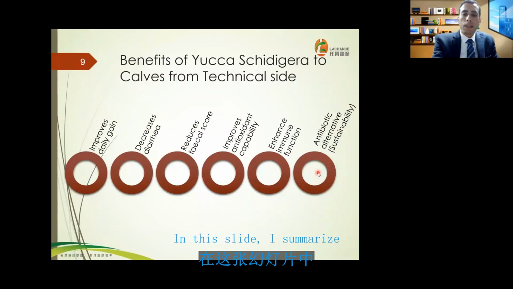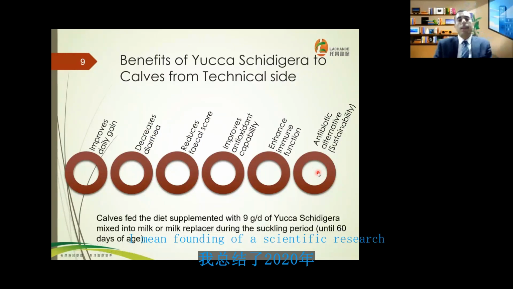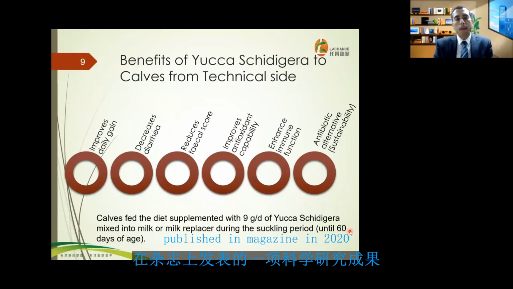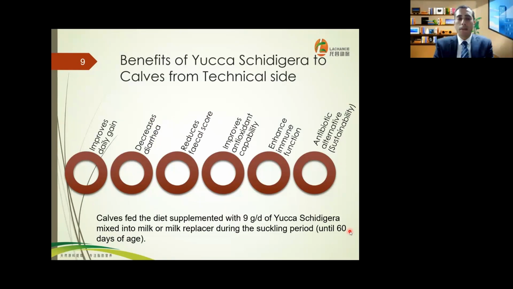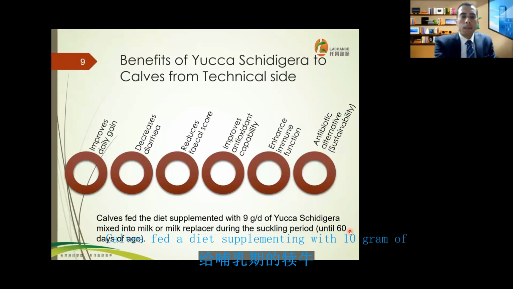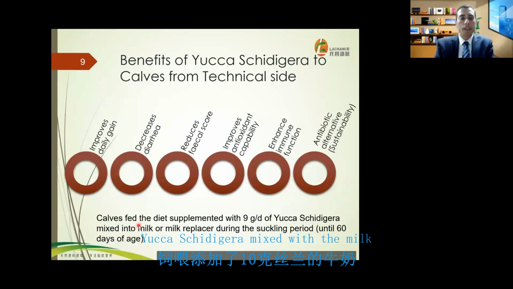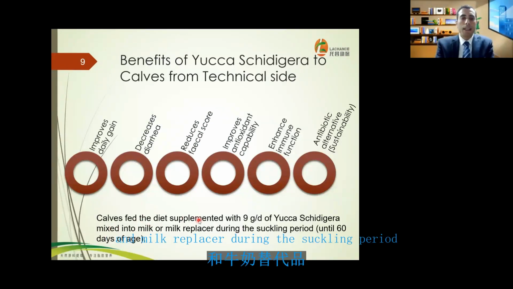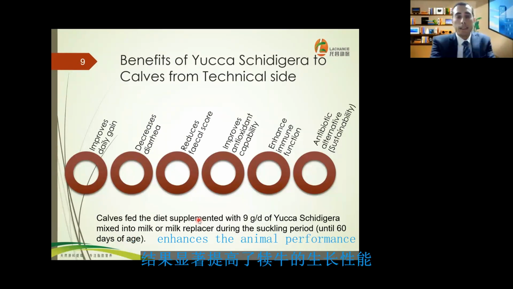In this slide, I summarize the main findings of scientific research published in a journal in 2020. In this experiment, calves fed a diet supplemented with 10 grams of Yucca extract mixed with the milk and the milk replacer during the suckling period showed enhanced performance.